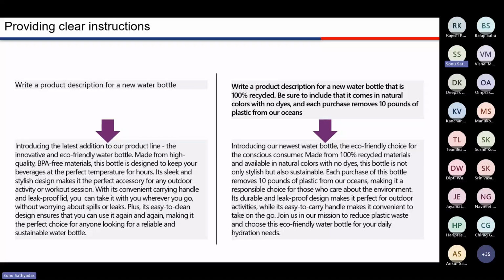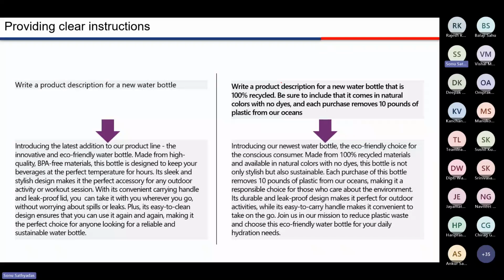Write a product description for a new water bottle that is 100% recycled. Be sure to include that it comes in natural colors with no dyes, and each purchase removes 10 pounds of plastic from our oceans. That means this is giving a clear picture about the product. What is this product? What are its features? All information goes to the model.